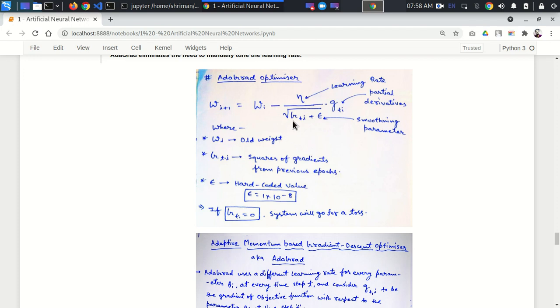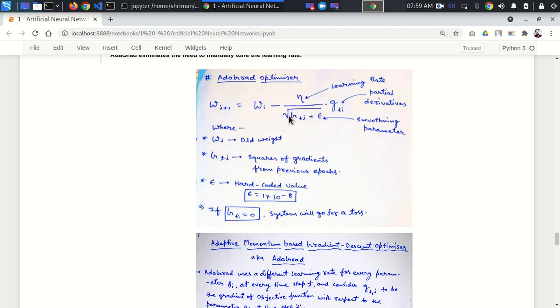So this G_ti is the squares of gradients from previous epochs, and with that we are going to calculate our new weights for our new iteration. We are not going to give a constant learning rate. Eta will be a constant, that is fine, but we are not going to use only eta; we are going to divide this eta by this particular value.